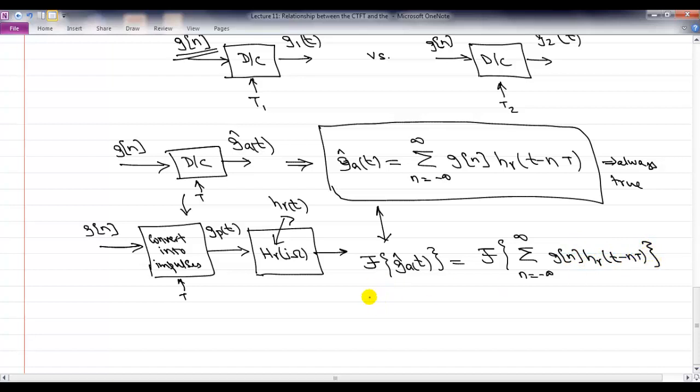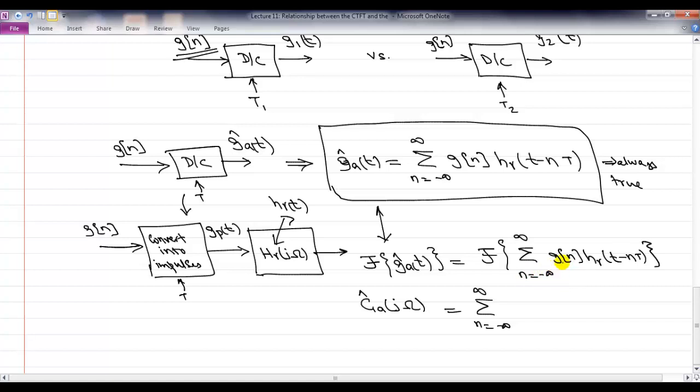I call this G hat A of j omega. Now we have done this trick many times. Fourier transform is linear. We take it inside. And once we take it inside, we are computing continuous time Fourier transform.